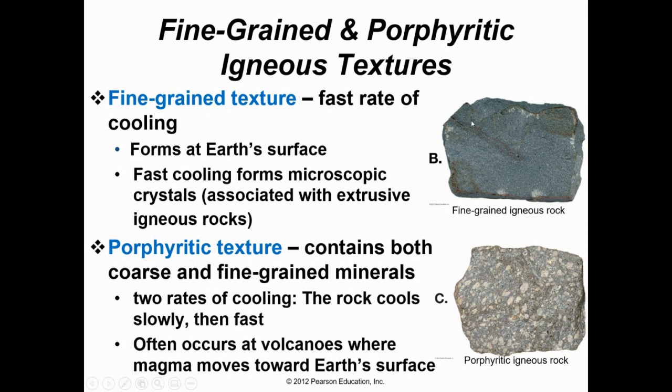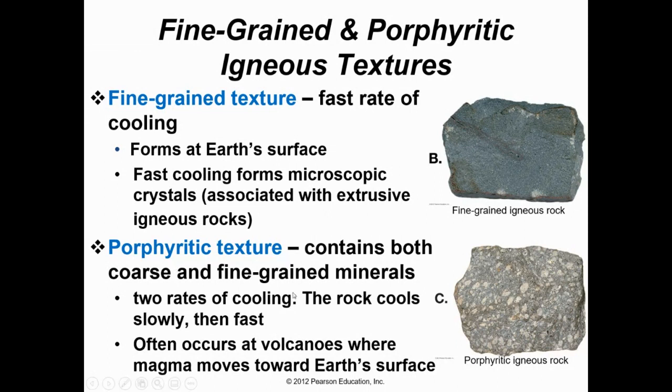With fine grained textures like this rock here, rock B, you can see that it looks like one solid color, but in reality it is individual mineral grains. It's just that you can't really see them with the naked eye. But if you look at them with just a hand lens or a microscope in thin section, you'll actually see the individual grains. They're just very tiny. So remember that these fine grained textures are associated with extrusive igneous activity, so activity at Earth's surface.